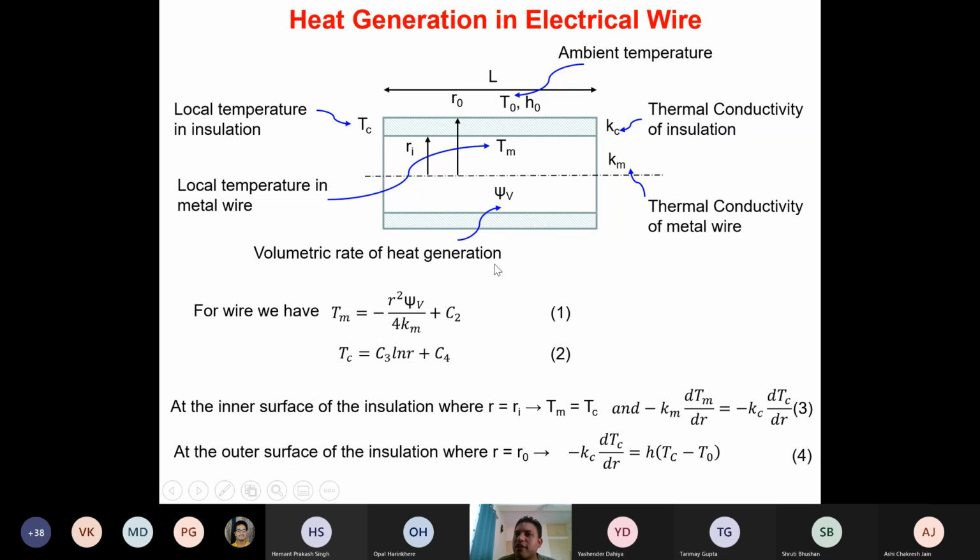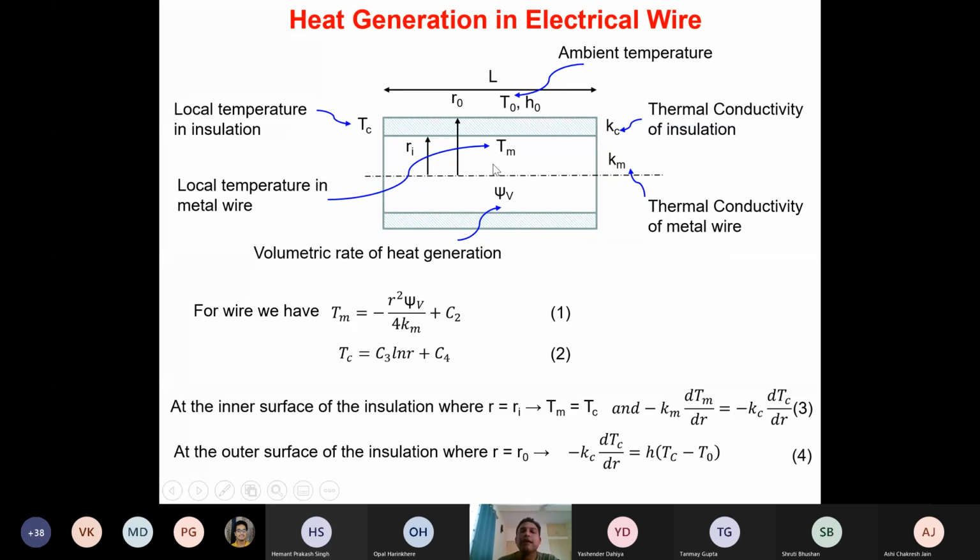There is an insulation outside the metal wire, primarily to avoid the leakage of the current, but this also acts as an insulation for heat.